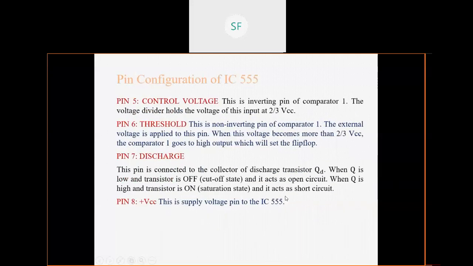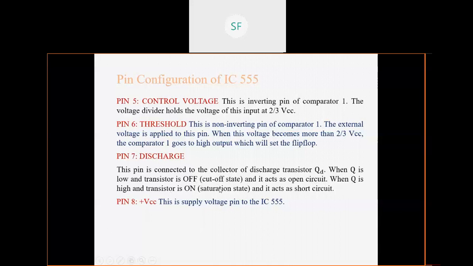Pin number 7 is discharge. This pin is connected to the collector of the discharge transistor. We have seen that. The discharge pin is nothing but the collector of the transistor QD. When Q is low, or Q equals 0, then the transistor will be off, that is, it will be in cutoff state and acts as an open circuit.